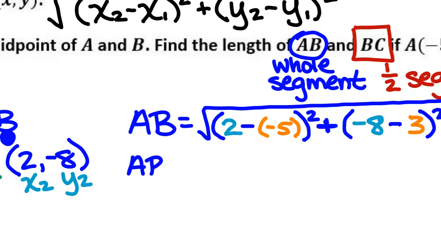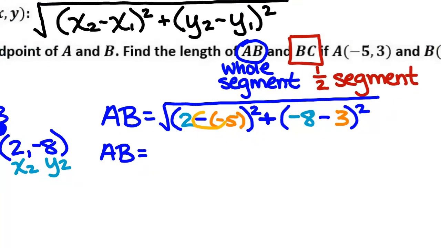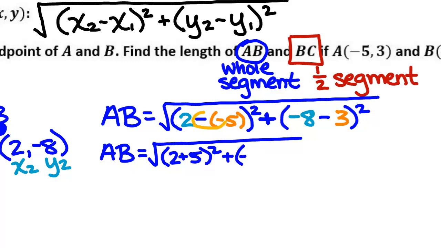So from A to B, here where we are subtracting a negative, that's going to turn into a plus. So I would have the square root, first set of parentheses, 2 plus 5 squared plus -8 minus 3 squared.